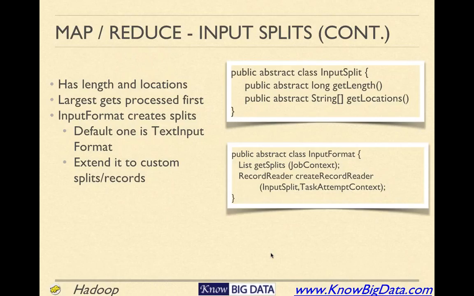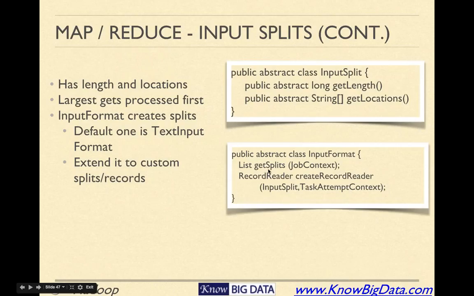And so the first job of input format is to translate a given input file into splits. Your code extending input format is going to override get splits and create record reader by providing meaningful function details.